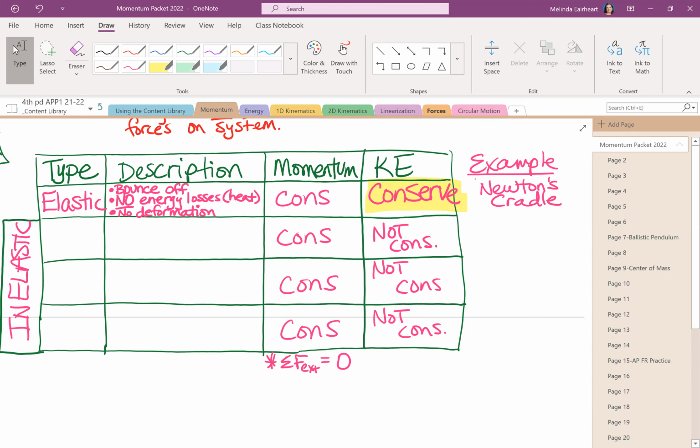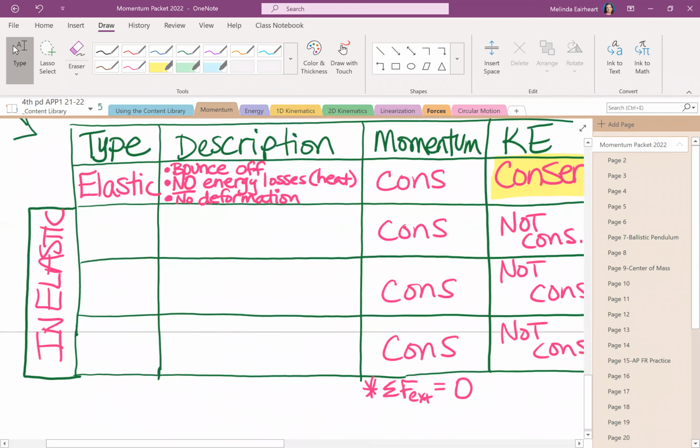So what about inelastic? Why divvy it up into 3 different categories there? At the end of the day, if you Google search for inelastic, in the 3rd row, I'm going to put completely inelastic. This is the common way to define inelastic.